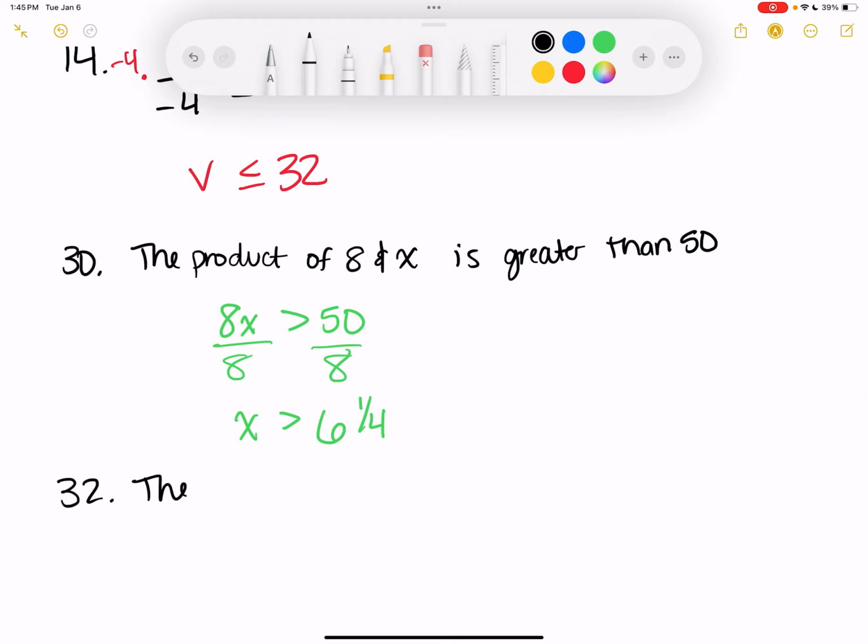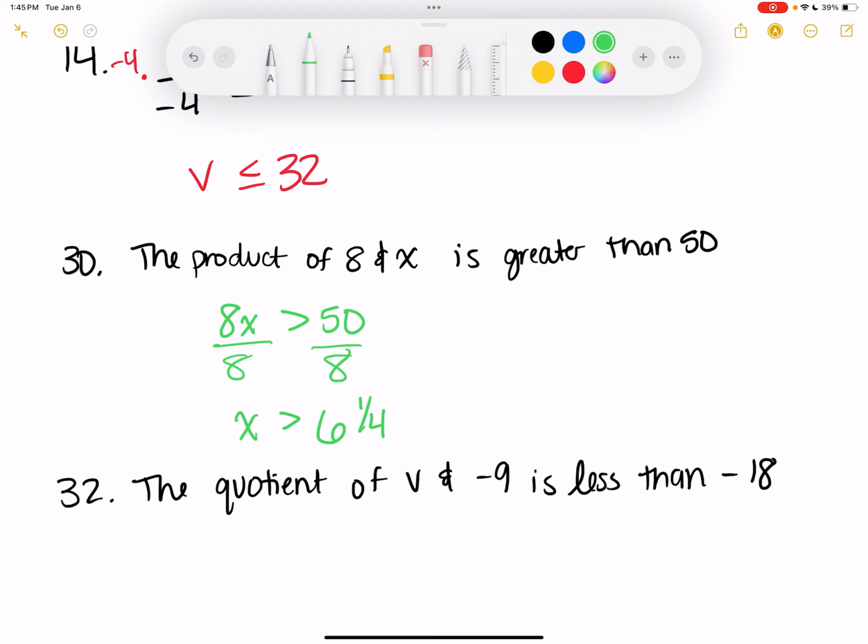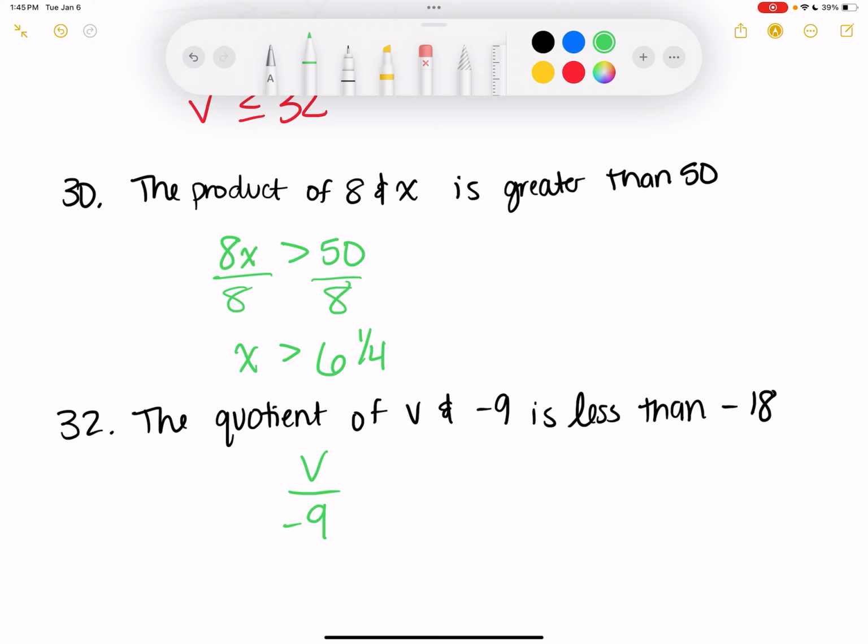32. The quotient of v and negative 9 is less than negative 18. Somebody different set this one up. Sean, you got that? v divided by negative 9 is less than negative 18.